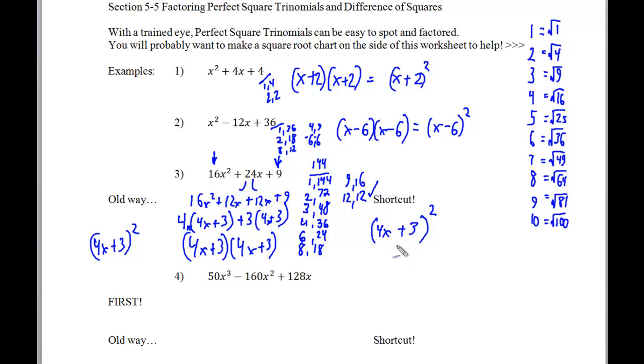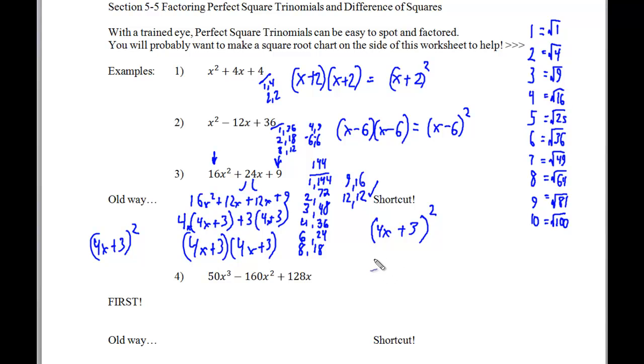Now there is a check before you commit to using the shortcut here, by taking the root of 16 and the root of 9. The check is that if you take the square root of 16 and the square root of 9, which gives you 4 and 3, you should take 4 times 3 and double it to see if it makes 24, which it does.